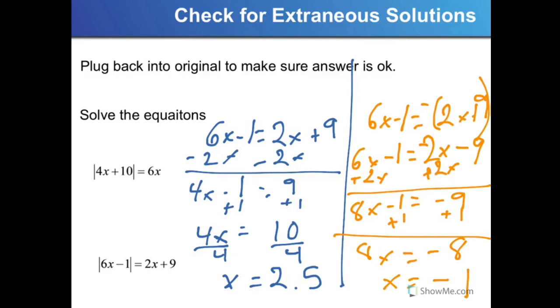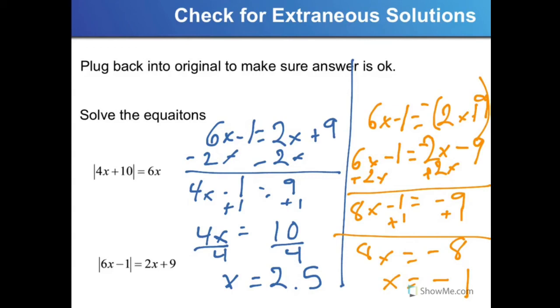Don't jump to conclusions. We got to plug both of these in right over here. So when I plug in the first one, I have 2 times 2.5 plus 9. Well, that gives me a positive 14. That one's good. That one works.